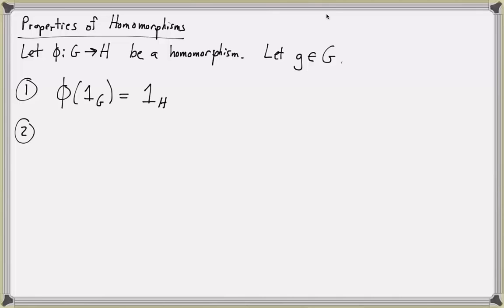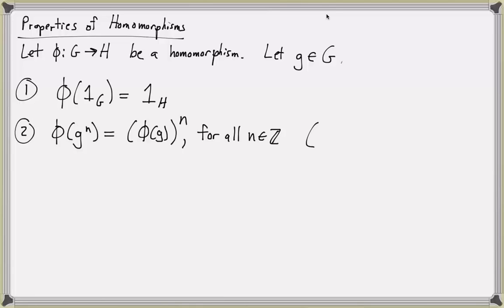Second property, phi of g to the power n equals phi of g raised to the power n for all integers n. And so in particular, phi of g inverse equals the inverse of phi of g.